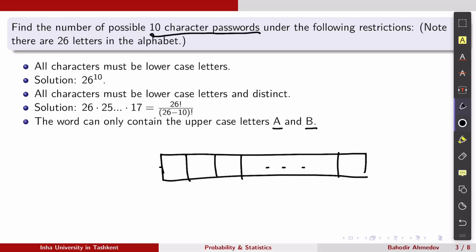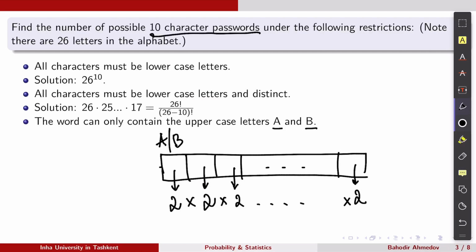How many different passwords is it possible to create? It is possible to use either of the 2 letters here, either A or B. So there are 2 options here, 2 here, 2 here, and so on, and 2 here. For every box we are going to have 2 possibilities. So at the end, it's going to be the multiplication of all of these 2's. It's going to be 2 to the power of 10. So we can create 2 to the power of 10 different passwords.